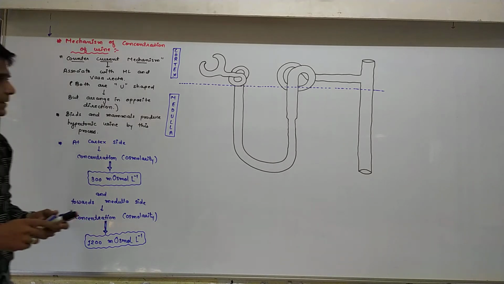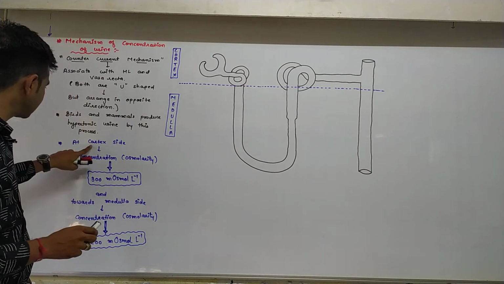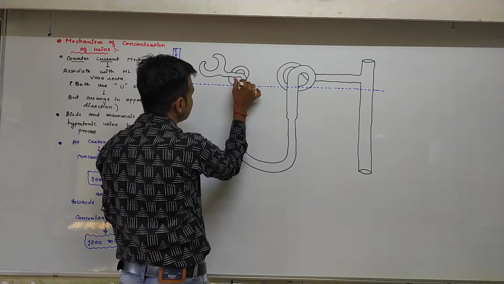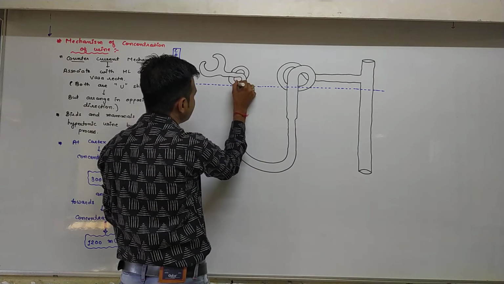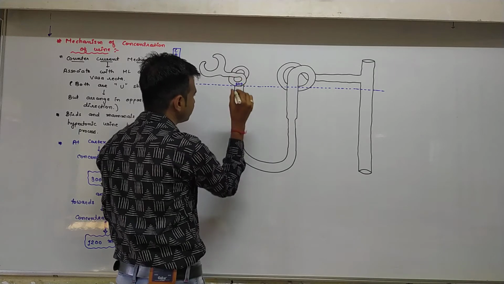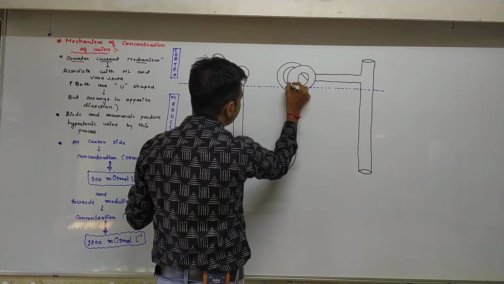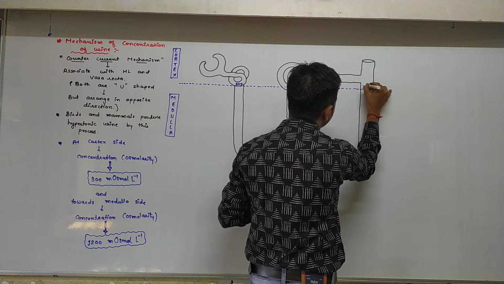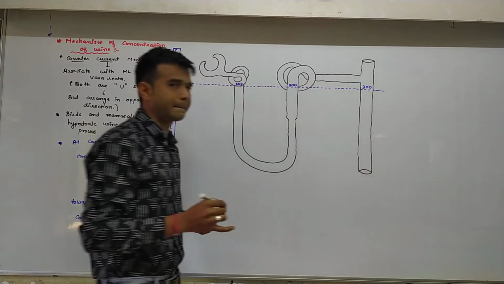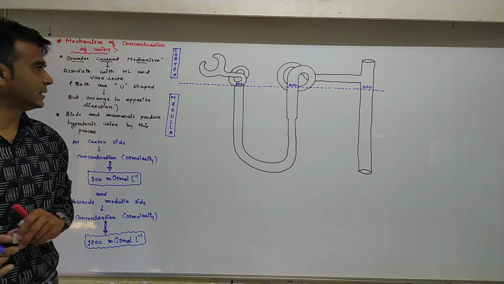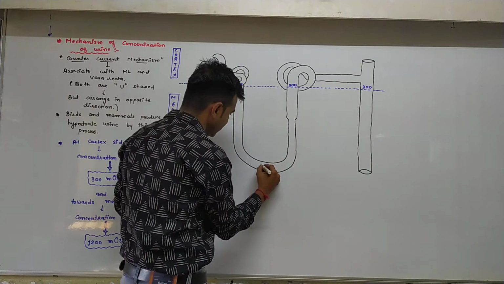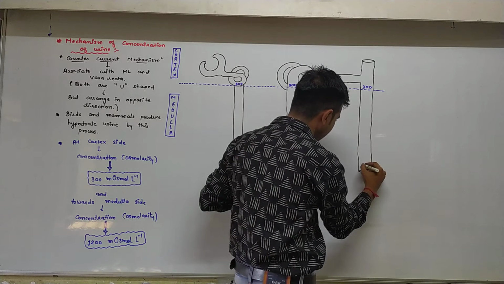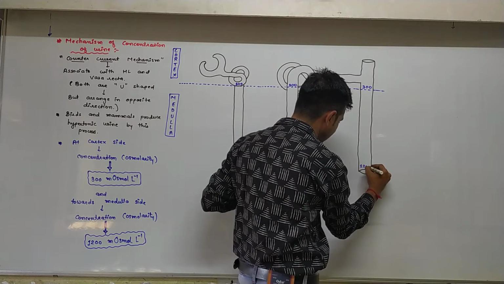Towards the cortex side, it is 300 milliosmol per liter. So initially I write 300 here in the tubule, and at this level 300, and at this level also 300. Towards the medullary side, 1200 milliosmol per liter concentration is there.